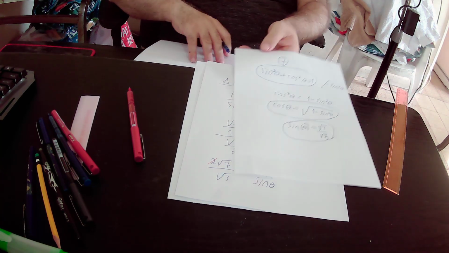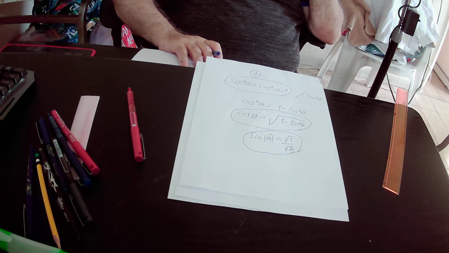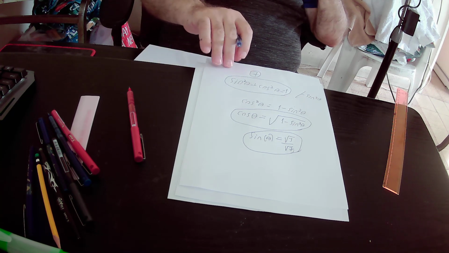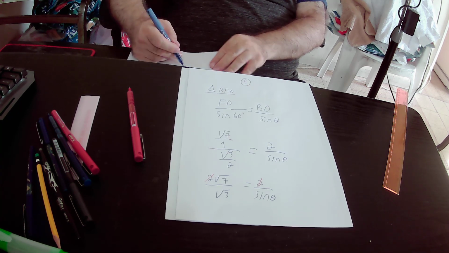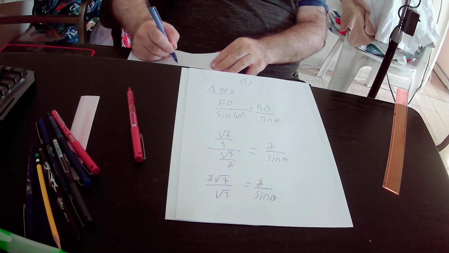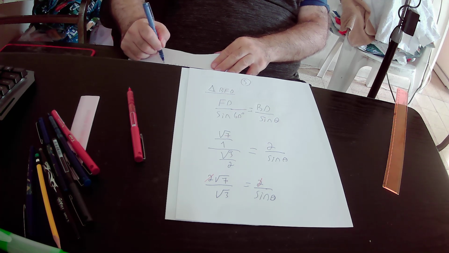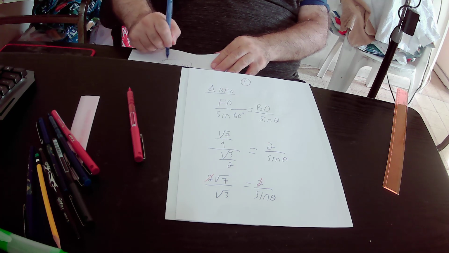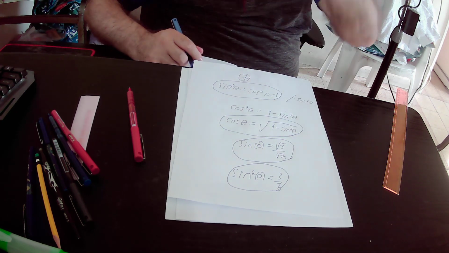Okay, the value of sine theta is root 3 over root 7. If the value of sine theta is root 3 over root 7, then the value of sine squared theta will be 3 over 7.